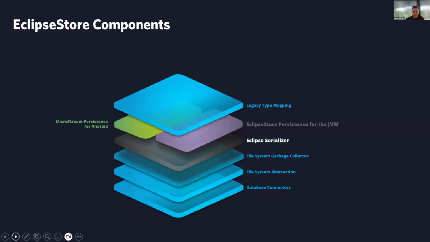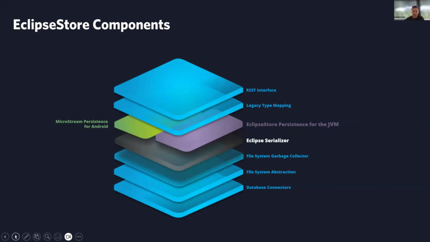This is sometimes a little bit confusing for users because why connectors for databases? It's because conventional databases can also store binary data. So you can also keep your database and use it for storing the binary abstraction of your object graph.